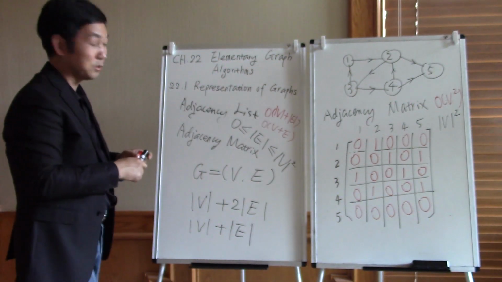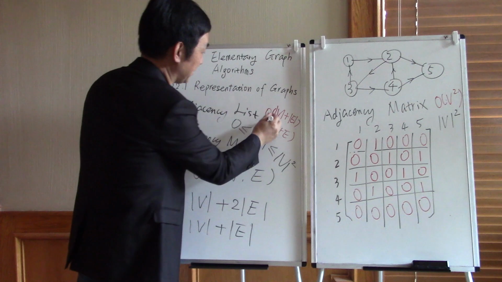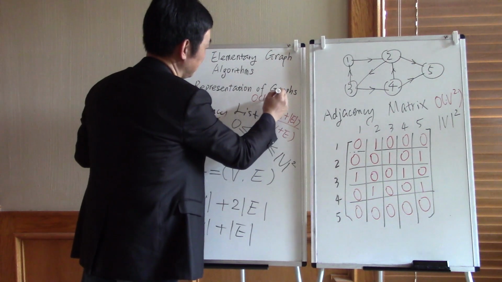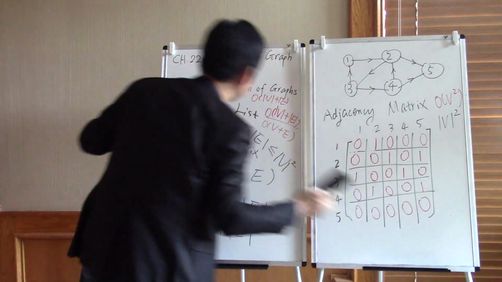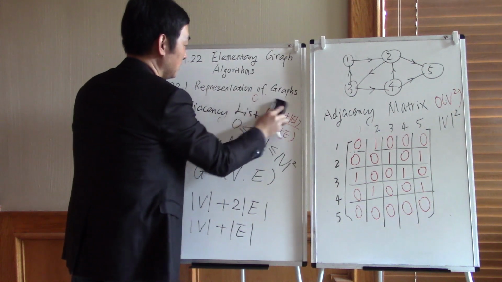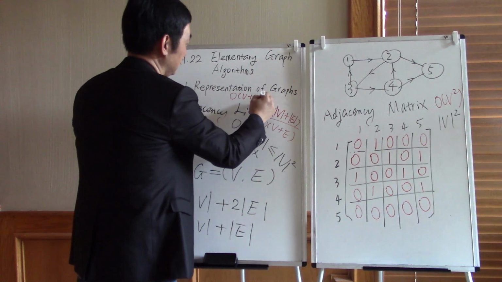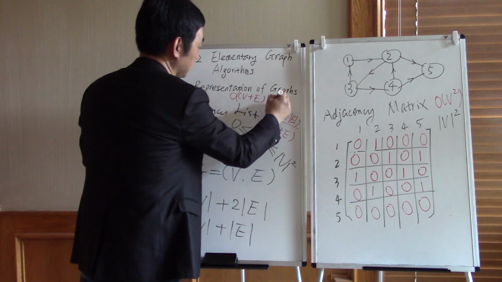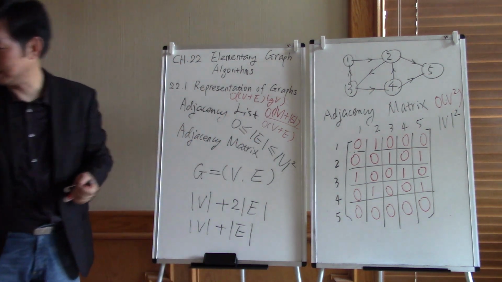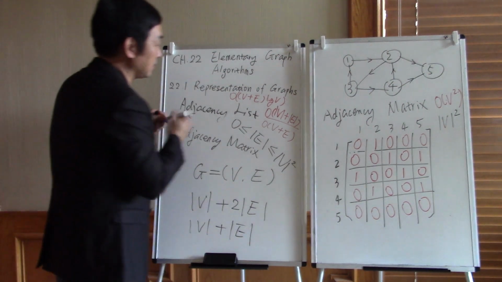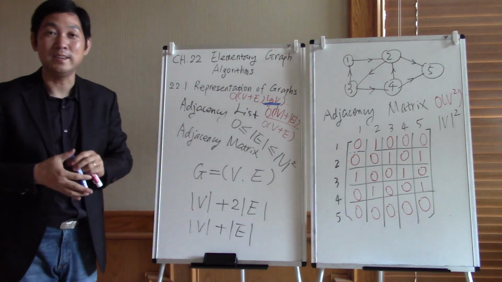But for the adjacency list, it's actually not order v plus e, but order of v plus e times another factor, which is log of v, because the index for each vertex should be at least log of v bits. So we have an extra factor here. But anyway, you got this idea.